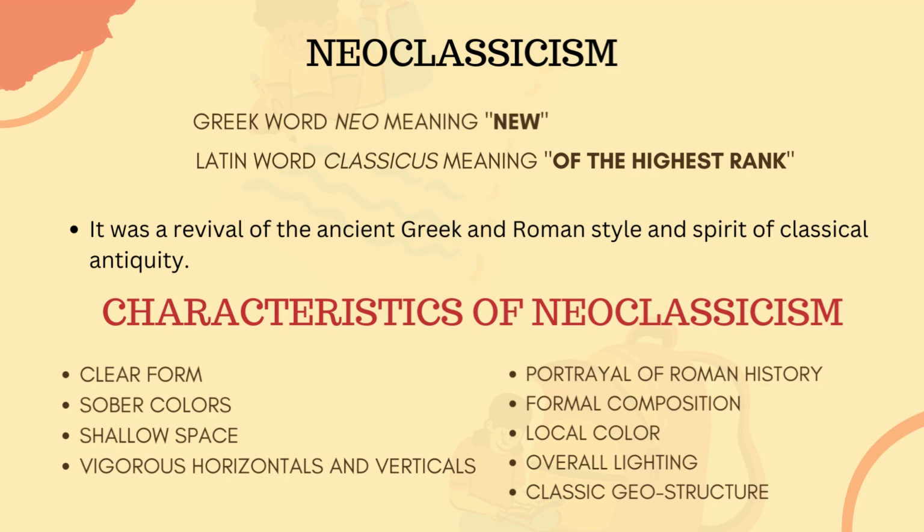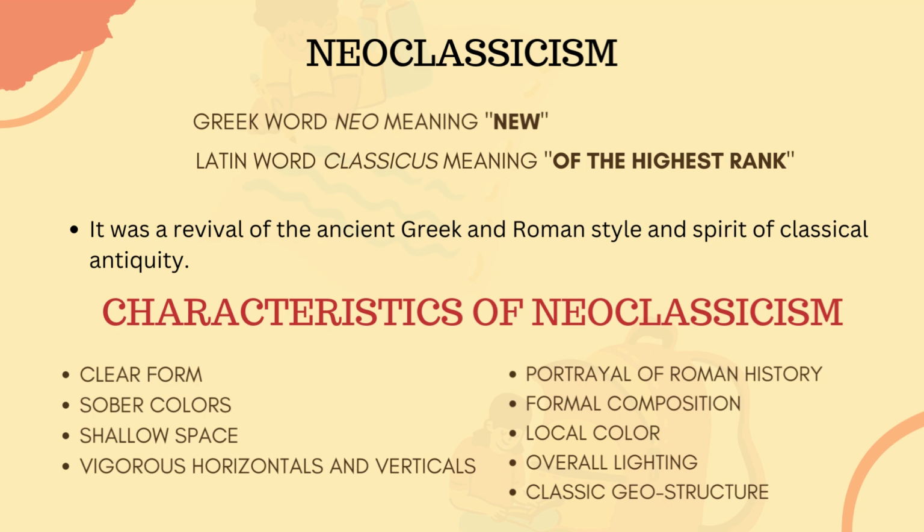And some of the characteristics of neoclassicism, some are from your books and some from other resources. So, the characteristics of neoclassicism are clear form, sober colors, shallow space, vigorous horizontals and verticals, and portrayal of Roman history.